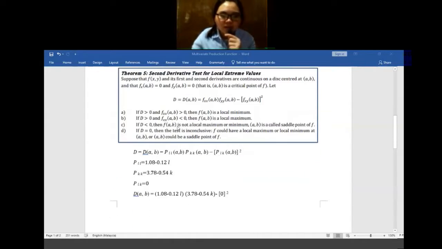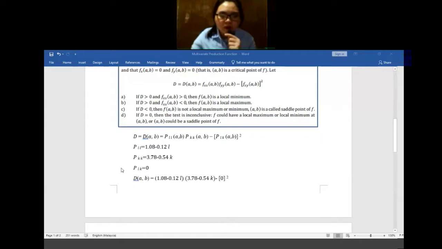First, we need to find the second derivative of the function P with respect to L, which is 1.08 minus 0.12 L. And then the second derivative of P with respect to K equals 3.78 minus 0.54 K. After that, we also need to find the second mixed derivative of the function P with respect to L and K, which is 0.